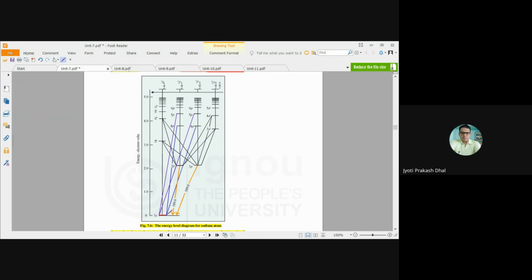So this is the ground state of the electron present in the sodium atoms in the sodium chloride solution. When the sodium atoms gain energy from the oxyhydrogen flame, they will undergo excitation.